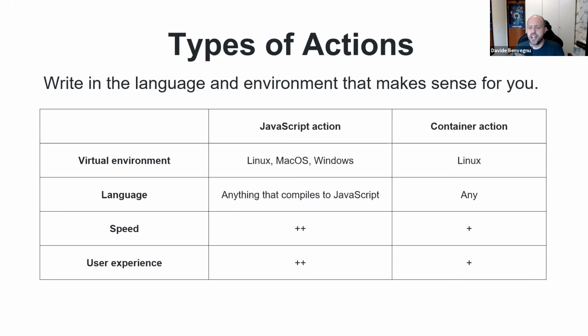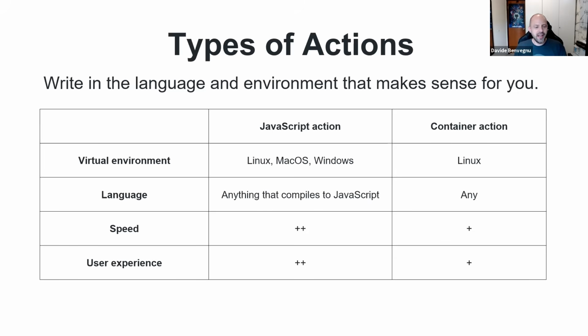And then we have the container actions, which again can run only on Linux for the time being at least. This one, though, can be written in any language, because at the end it's just the container that runs in the runners. It's not the code itself. So it can be whatever. You can write your action in assembly if you want to do that.